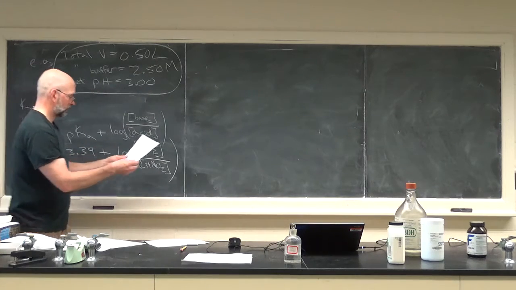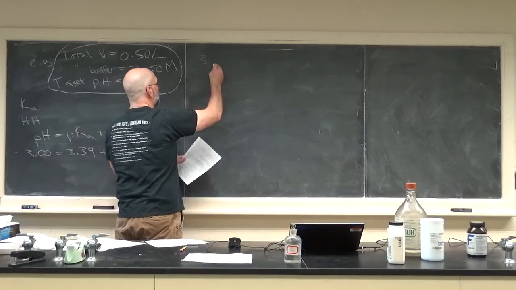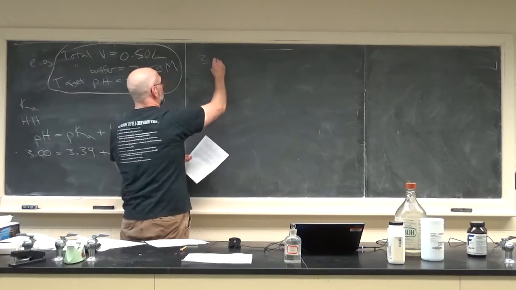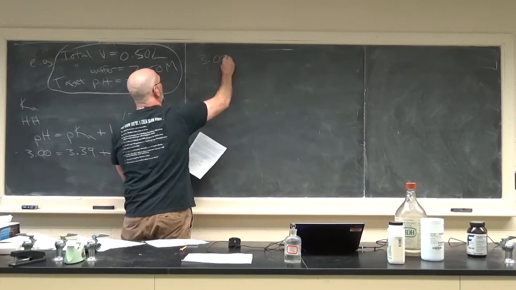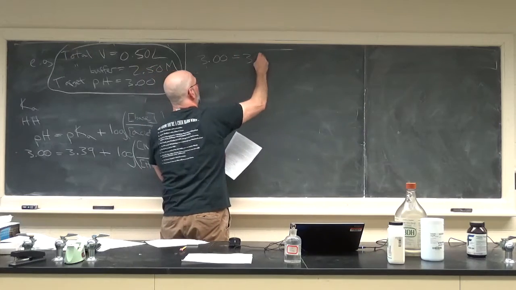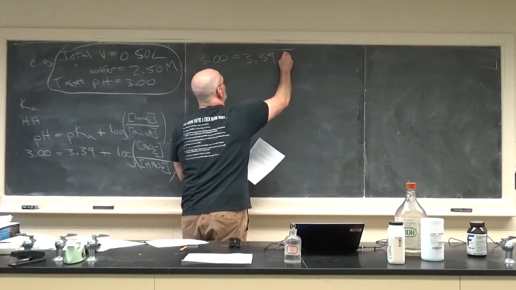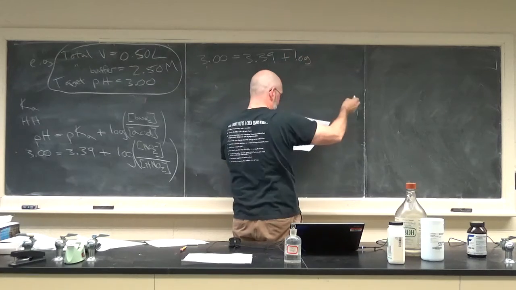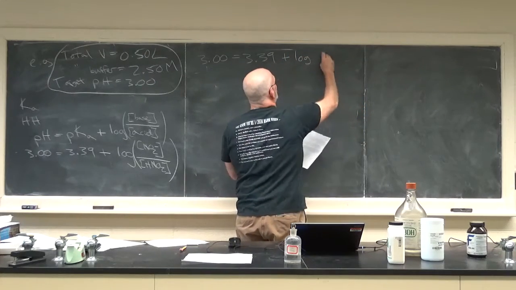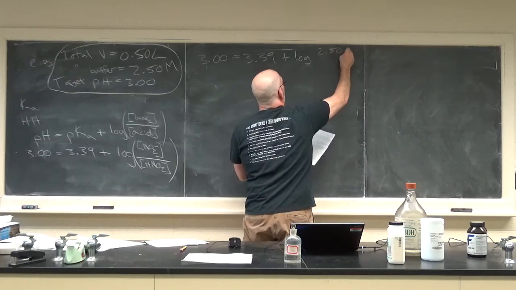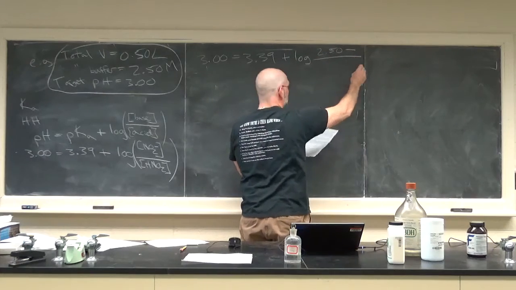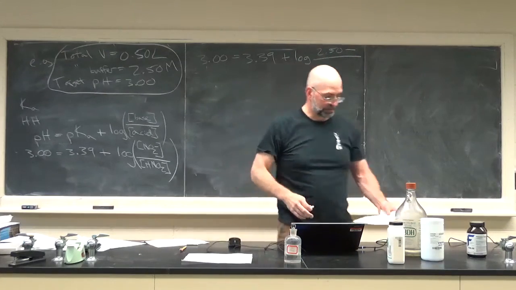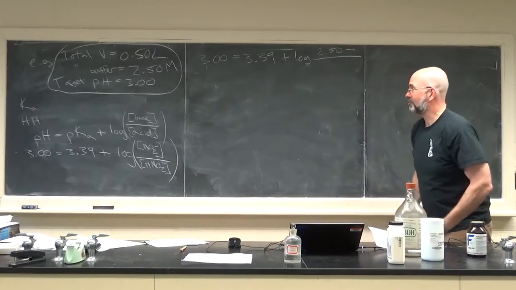You can do this either way, but I'll just do it with the manual method. So 3.00 equals 3.39 plus the logarithm of 2.50 minus, okay, I'm going to make this a little simpler to do the math quickly.